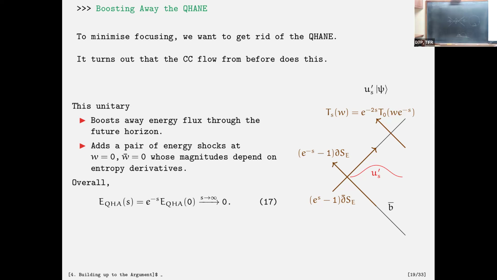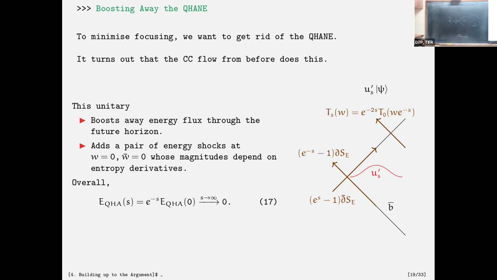Oh, it's infinite energy because it's a delta function. The integral is finite. But integral along what? The integral along the horizon. I see. You're saying it's an infinite energy density, but finite energy. Yeah. That's the point.